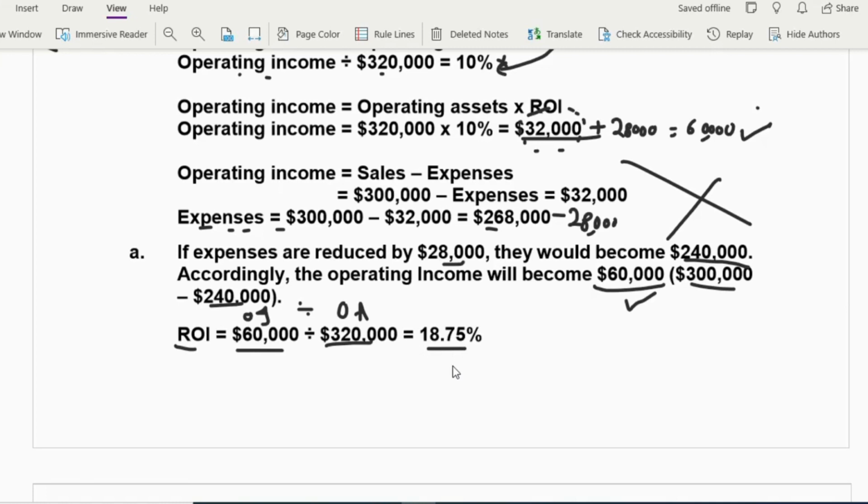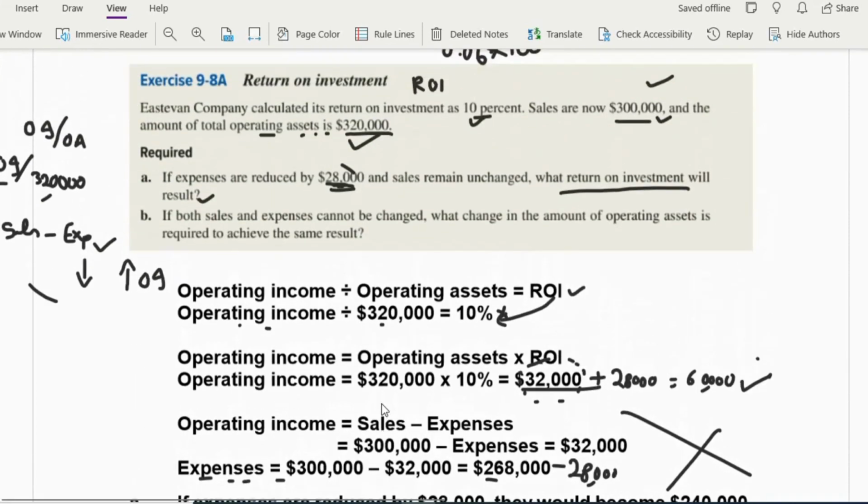So it is 18.75. It means that if our operating expenses decrease by 28,000, our ROI is going to increase from 10% to 18.75%.